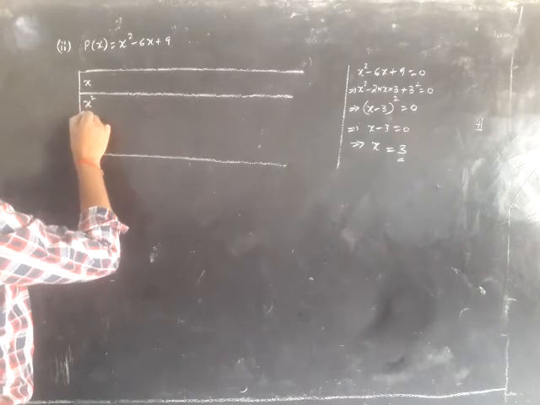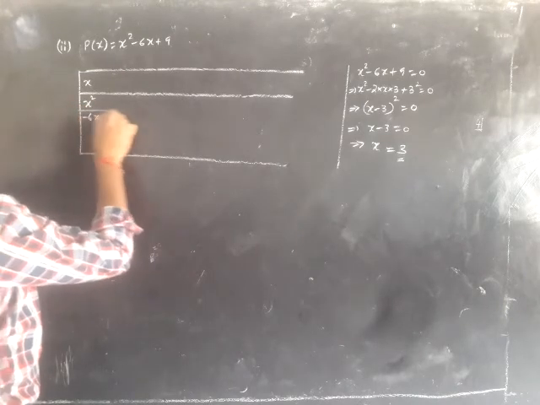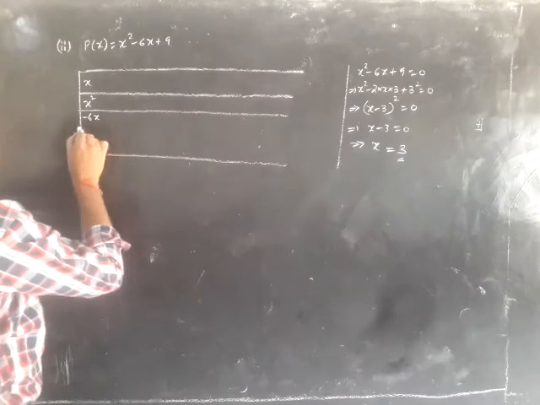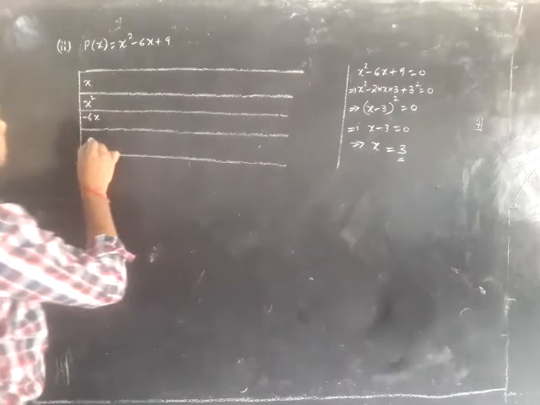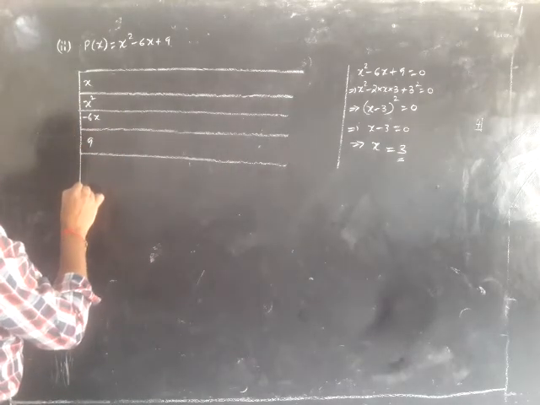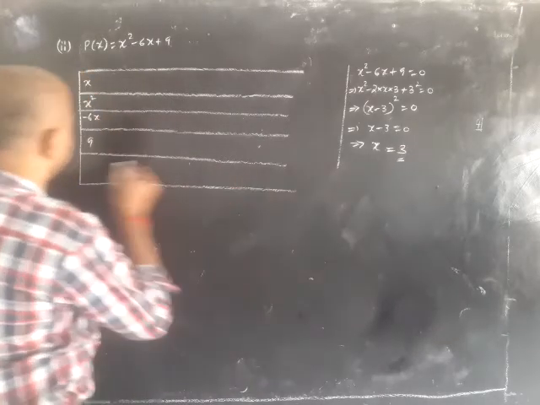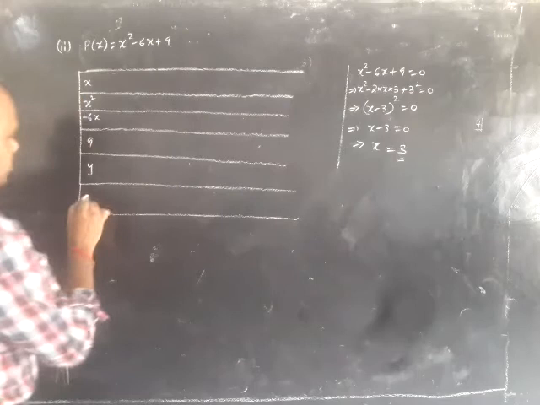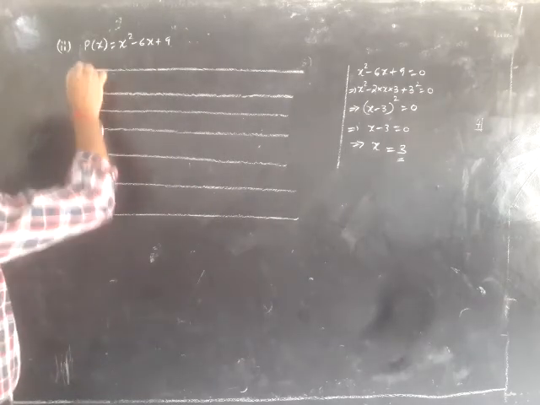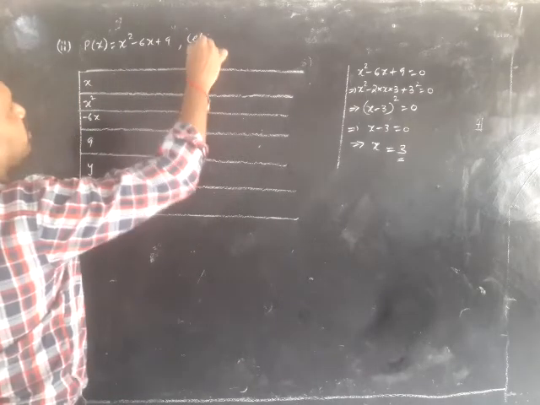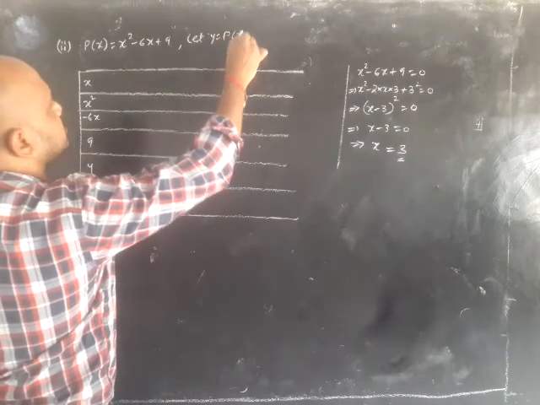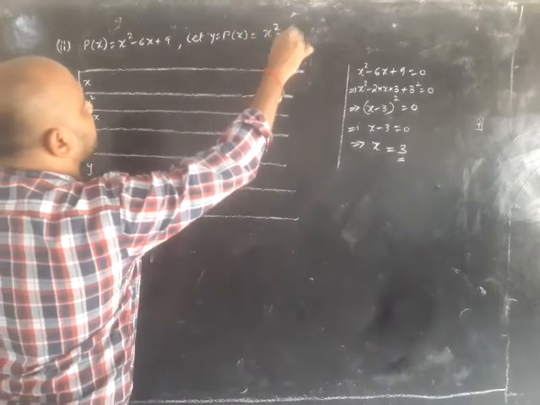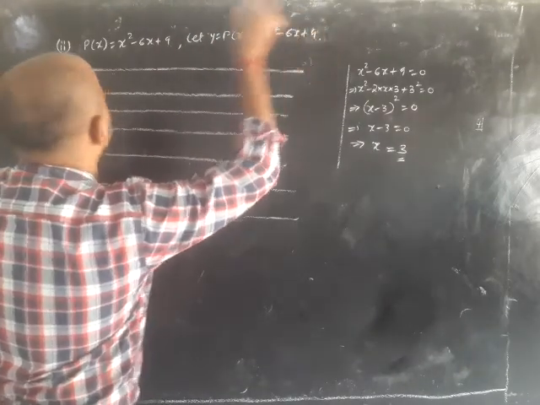x square minus 6x plus 9, y, x comma y. Let y is equal to p of x, that implies x square minus 6x plus 9.